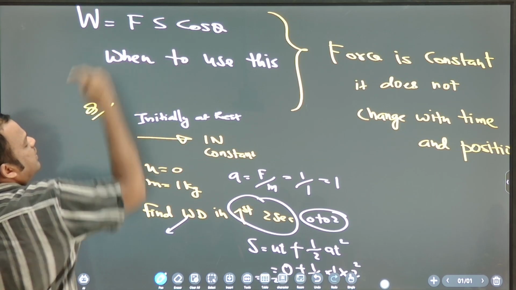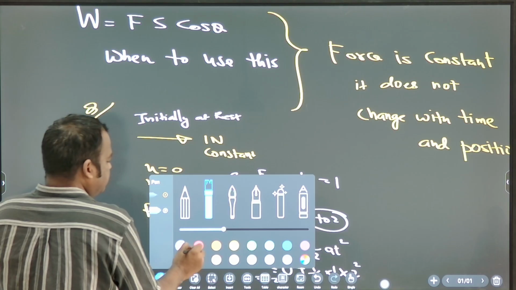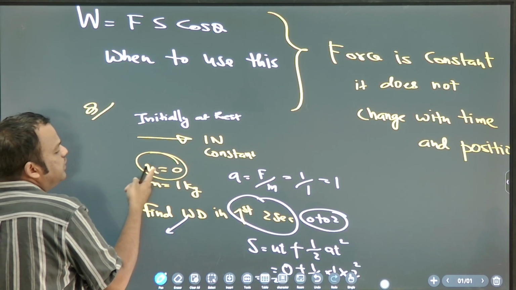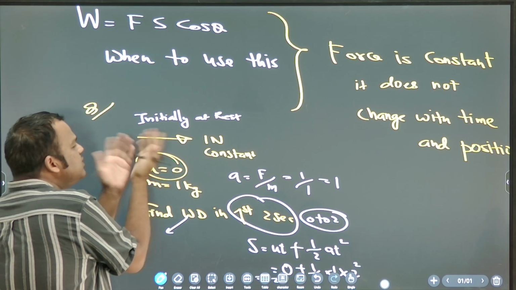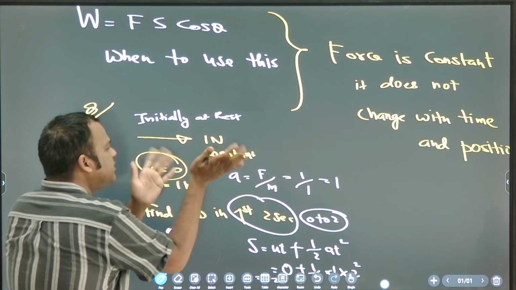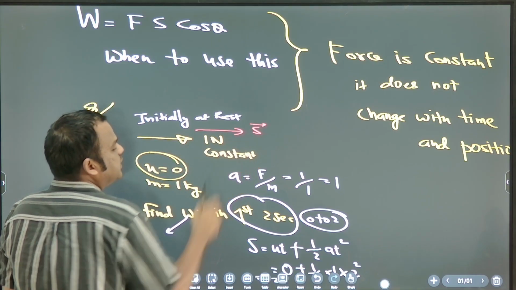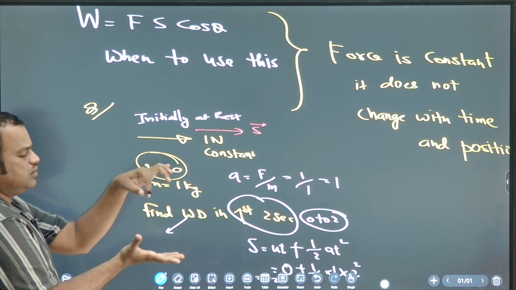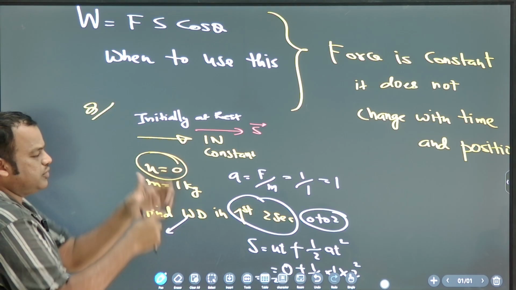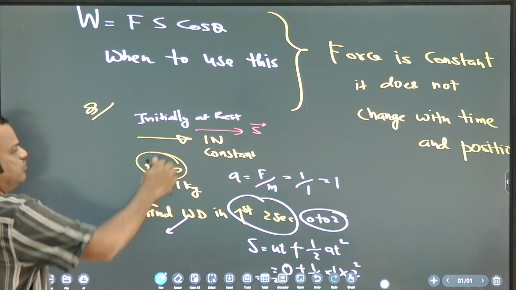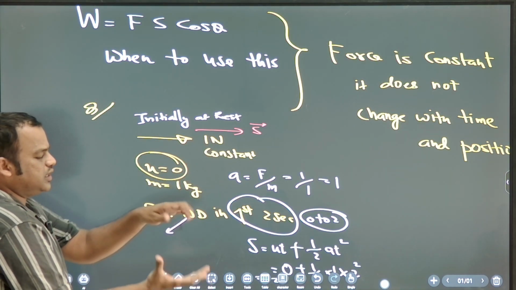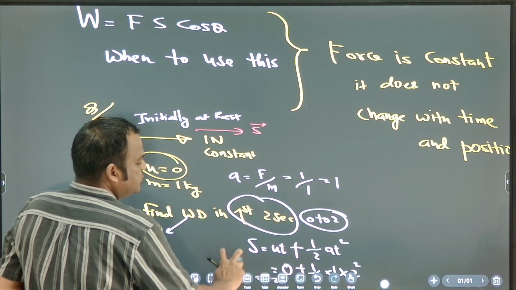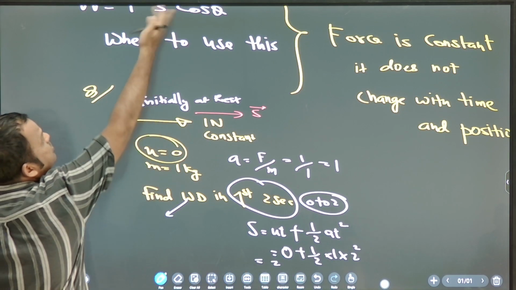So what is the work done? Fs cos theta. Initially the object is at rest. The force is on the right side, so the displacement is also on the right side.